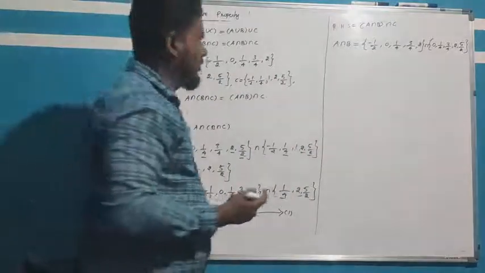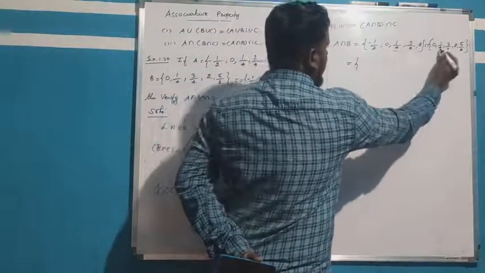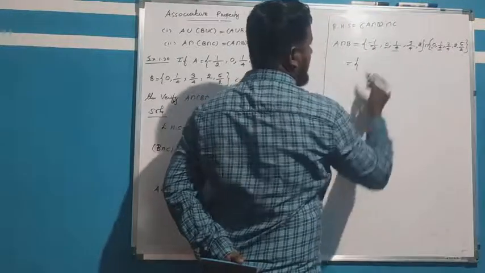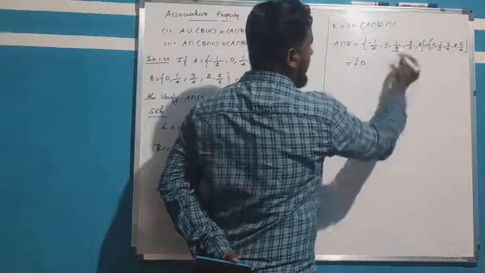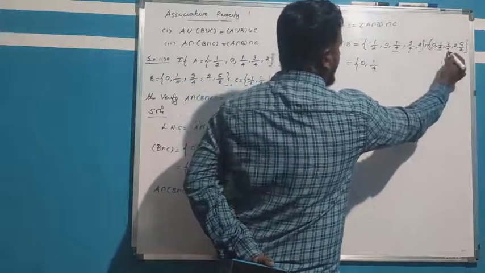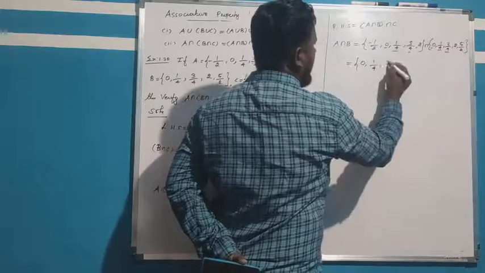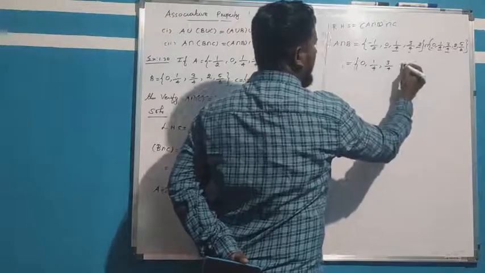Intersection means it contains the common elements. So what are common? 1/4 is common, 0 is also common, 3/4 is also common, and 2 is also common.